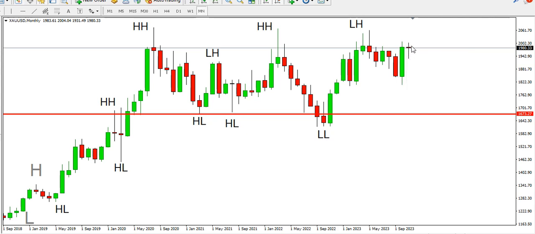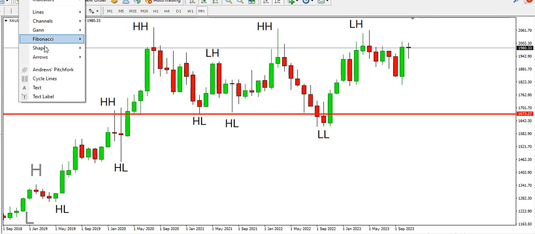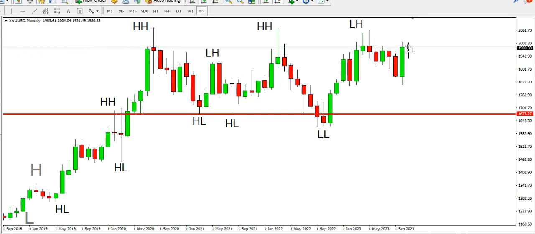So if we have two successive bullish candles on the monthly time frame, let's assume this current candle ends up as a bullish candle to the top. Now we have two successive bullish candles.